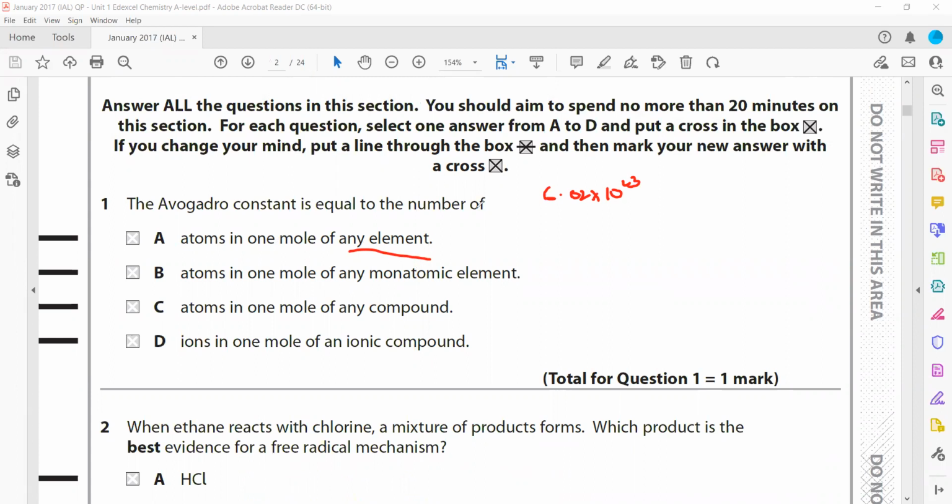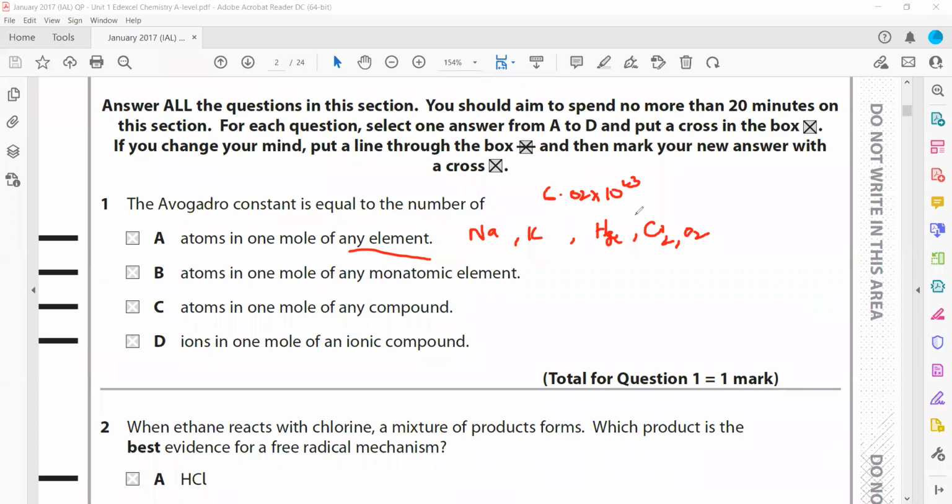Why is this definition not correct? 1 mole of any element, because some elements are monoatomic, for example sodium (Na) and potassium, and some elements are diatomic, like H2, Cl2 or O2. So these are diatomic molecules.